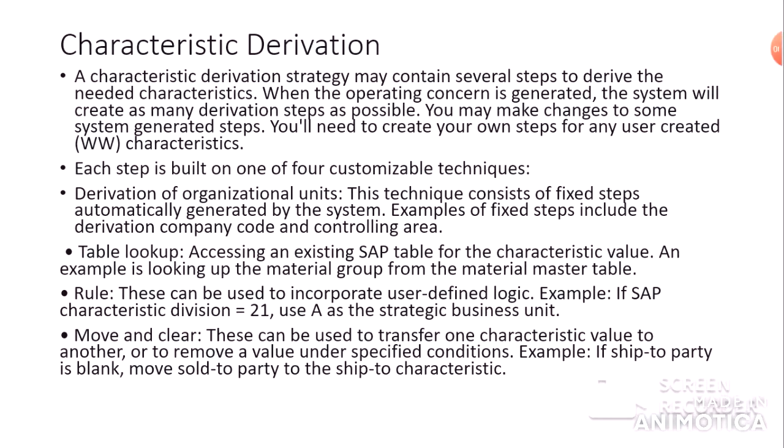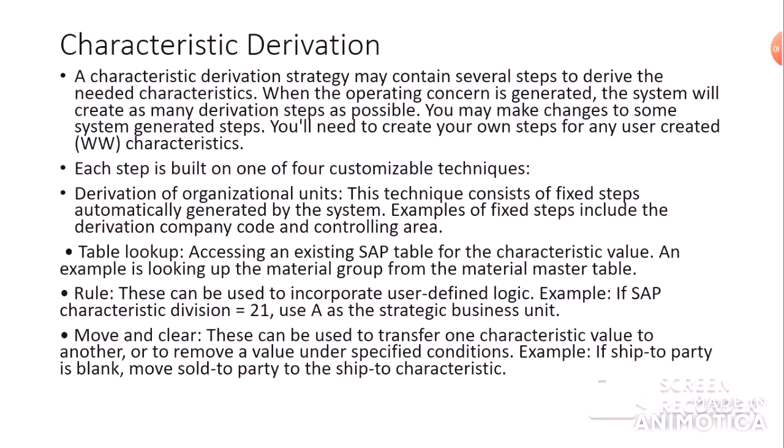So each step is built on one of four customizable techniques: derivation of organizational units, table lookup, rule, move and clear. Derivation of organizational unit. This technique consists of fixed steps automatically generated by the system. Examples of fixed steps include the derivation of company code and the controlling area. Table lookup, accessing an existing SAP table for the characteristic value. An example is looking up the material group from the material master table.